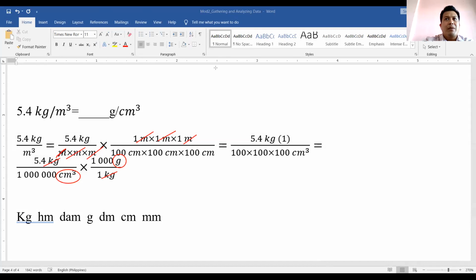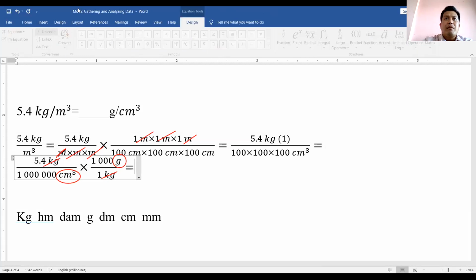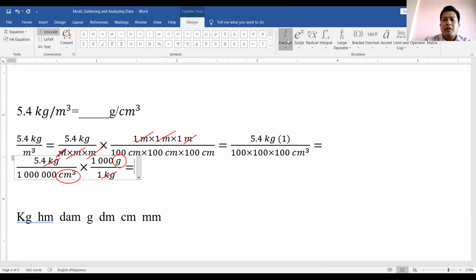So the solution then will continue, and that is equal to 5.4 times 1,000 divided by 1 million. Unit is grams per cm cube.